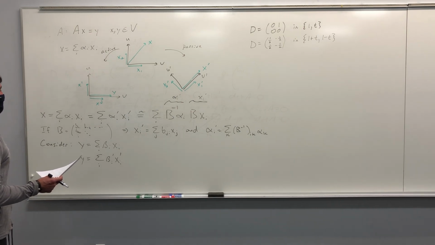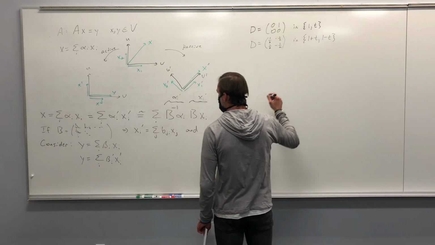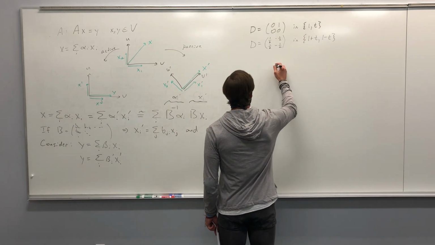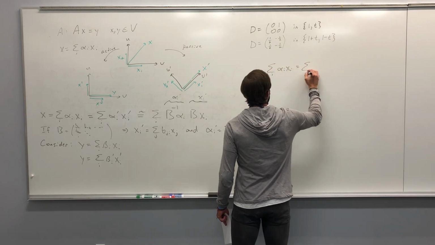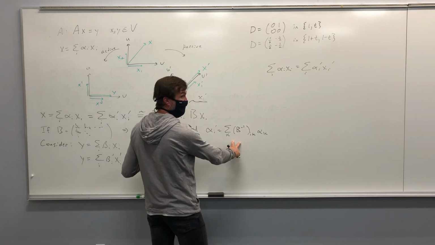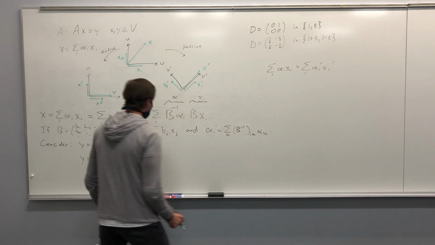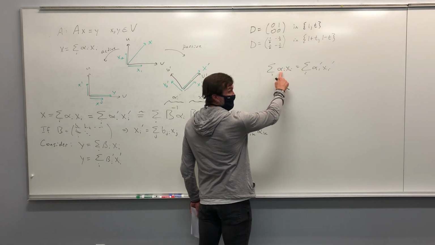So, what you want to argue, and this is fine, is that sum over I alpha I xi is equal to sum over I alpha I prime xi prime, using these two expressions. First of all, I can reorder these, because this is just a scalar times a thing.